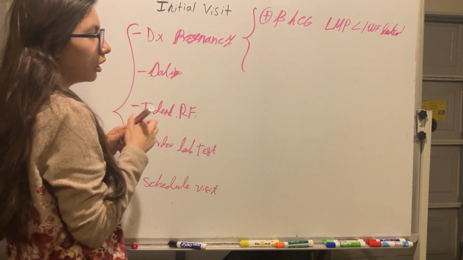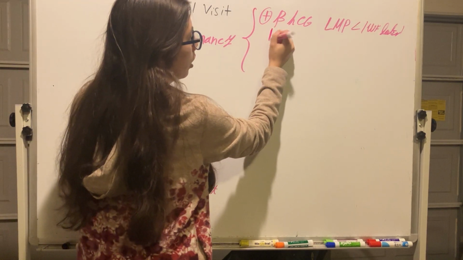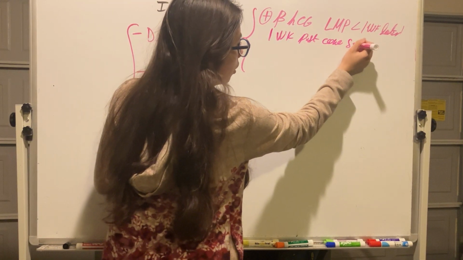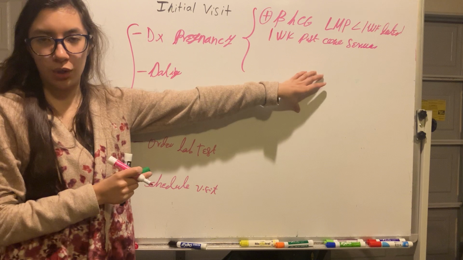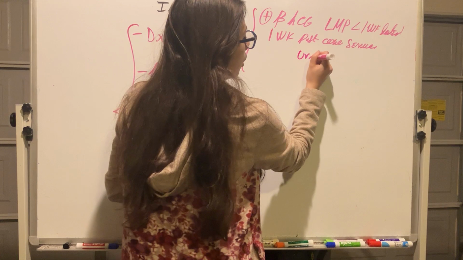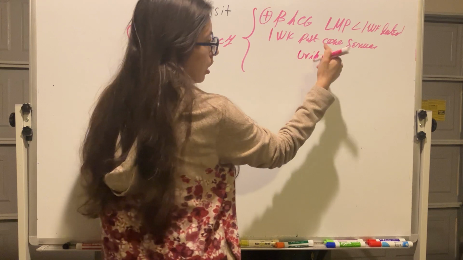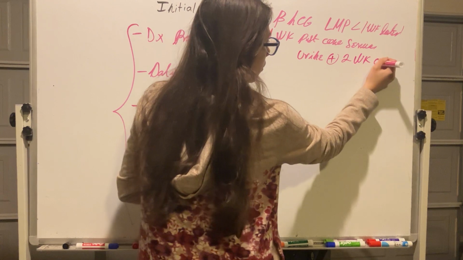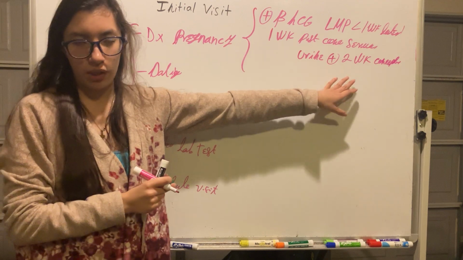Normally the beta HCG becomes positive in the serum about 1 week post-conception, but most of the time the test that the pregnant woman uses to know if she's pregnant is a urine pregnancy test, which detects beta HCG in the urine. This becomes positive about 2 weeks after conception, when implantation of the placenta starts.